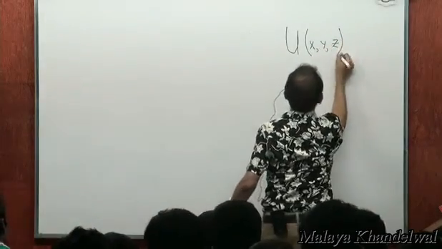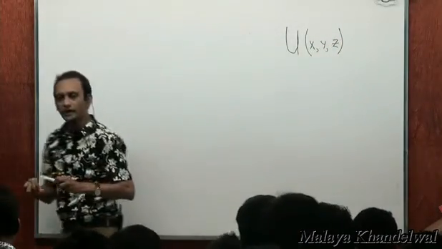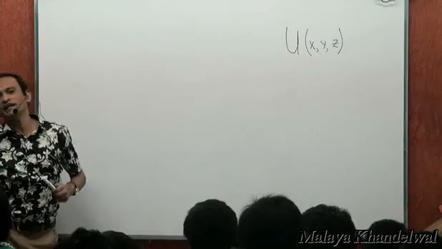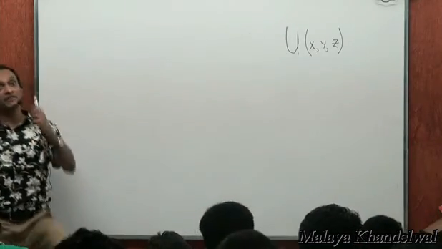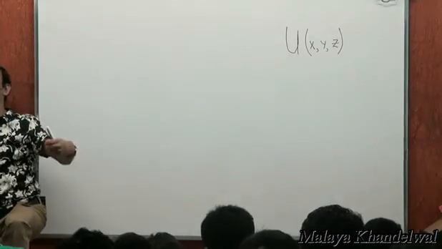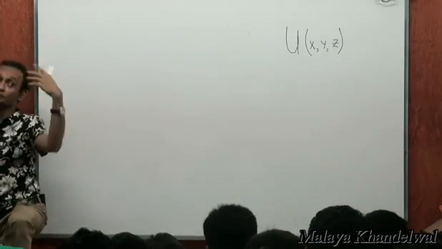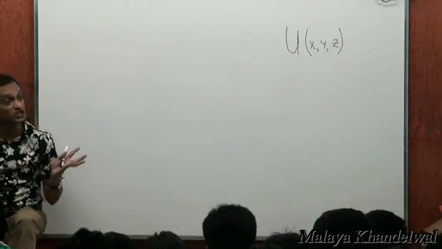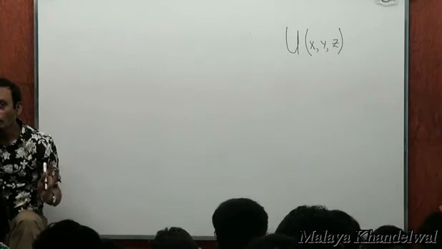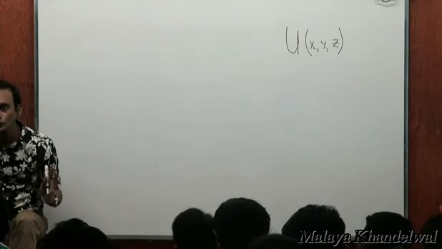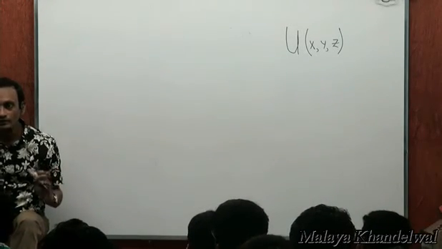Any point would be characterized by its coordinates x, y, z. So U at any x, y, z is known to me. U as a function of x, y, z. If someone gives me x, y, z, I'll be able to calculate the U at that point, the number U at that point. This is the scalar field. Are you all in tune with me? Right?